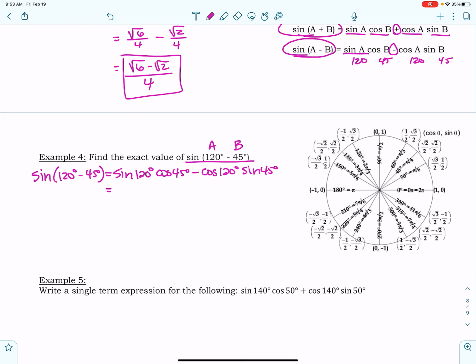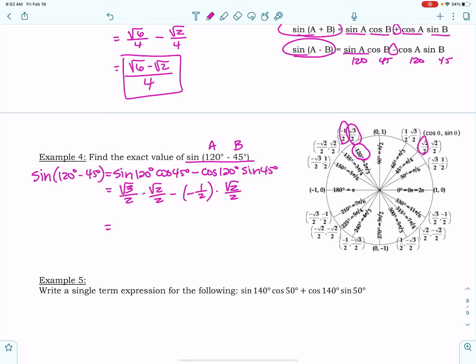Now we're going to use the unit circle to replace these. So sine of 120 is radical 3 over 2. Cosine of 45 is radical 2 over 2. Cosine of 120 is negative 1/2. And sine of 45 is radical 2 over 2.